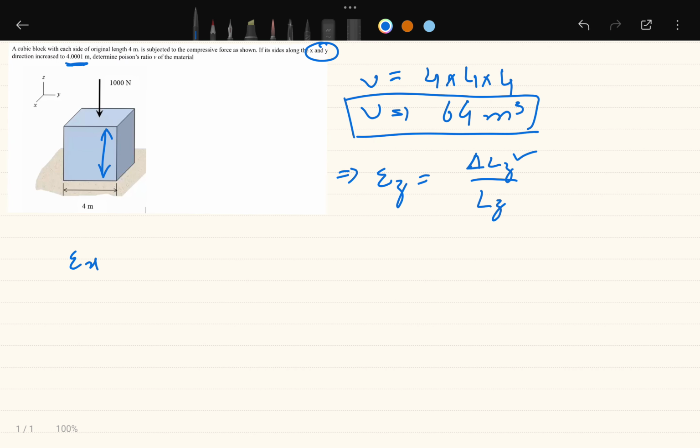So we have the strain in x, which is the change in length of the x-axis. Initially it was 4, now it is 4.0001. So 4.0001 minus 4 is the change in length in x, divided by the original length, which was 4.